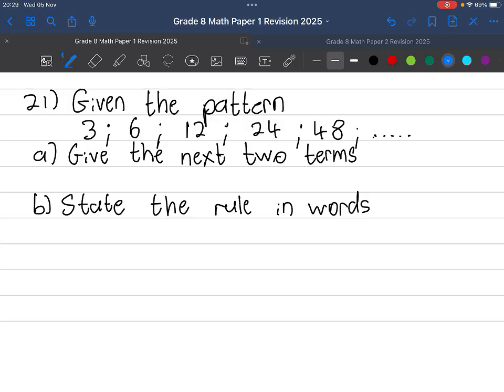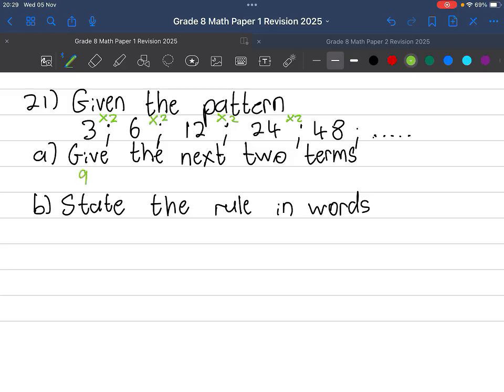Now that you're back, it's simple. It's 3 times 2 to give you 6. 6 times 2 to give you 12. 12 times 2 to give you 24. 24 times 2 to give you 48. So what are the next two terms in the sequence?